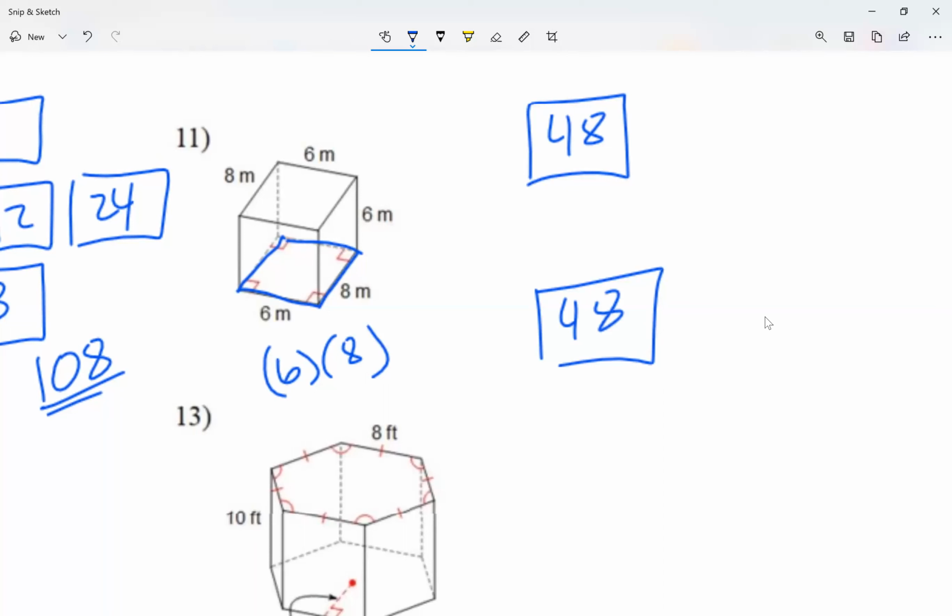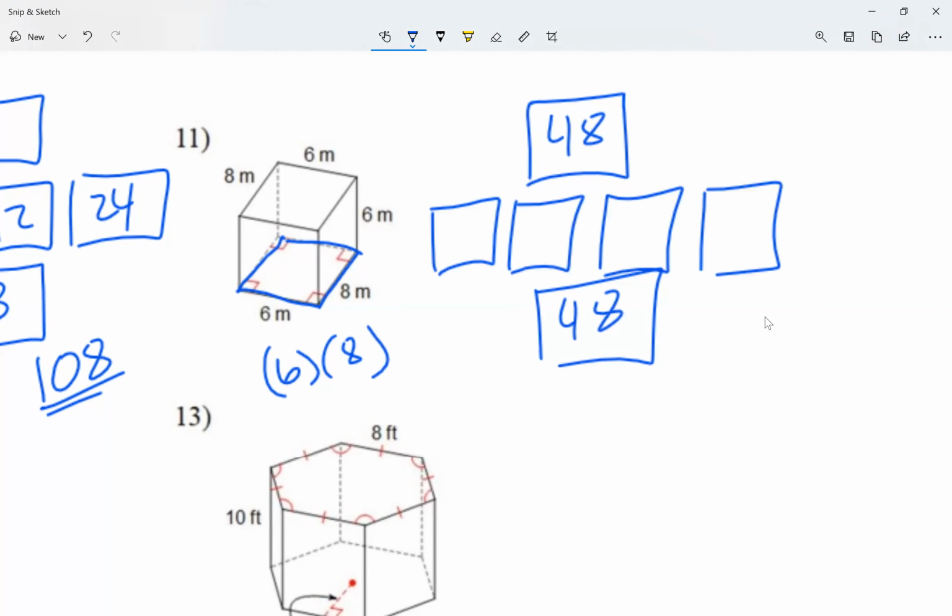So each of my bases is 48. Because the bases have four sides, I'm going to have four rectangles inside. What if my bases had five sides? Then we will have five rectangles on the inside. What if it has six sides? Well, six rectangles on the inside.